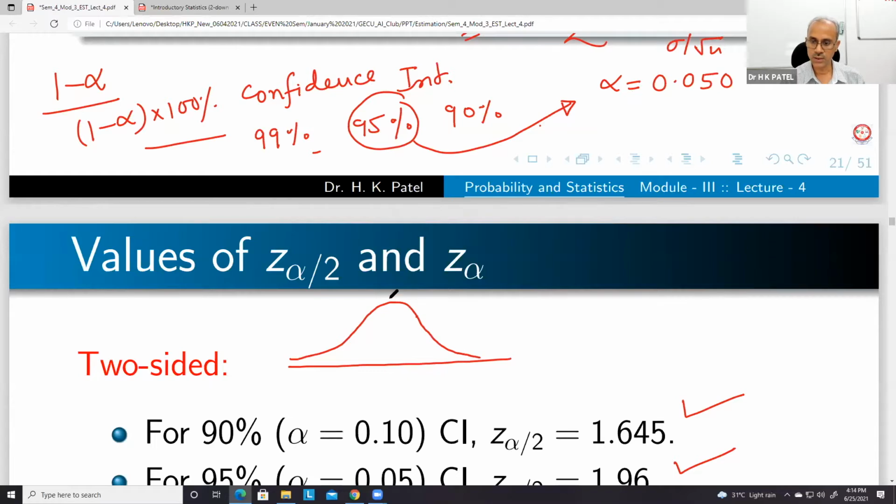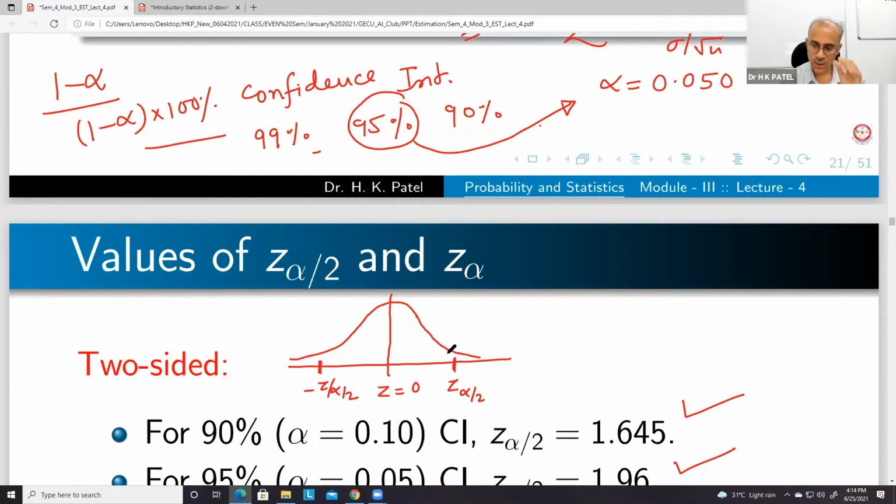We know that this is the Z curve, then Z is equal to 0. These points are denoted by Z alpha by 2, and because it is symmetric, this is minus Z alpha by 2.